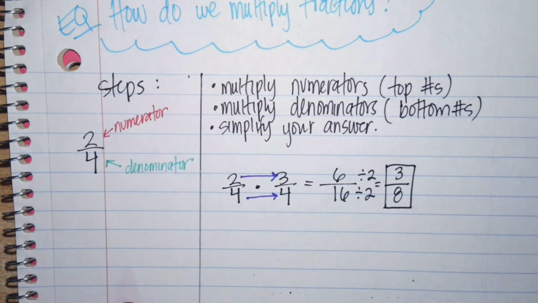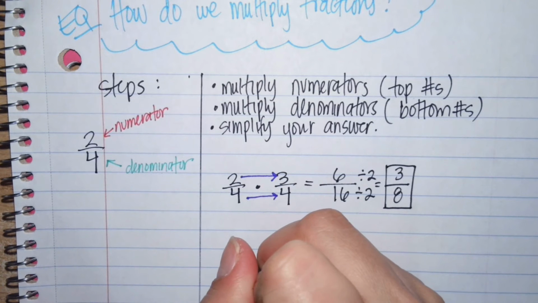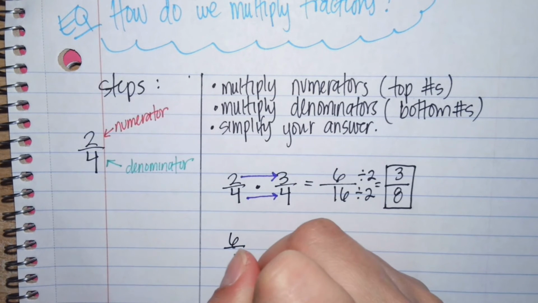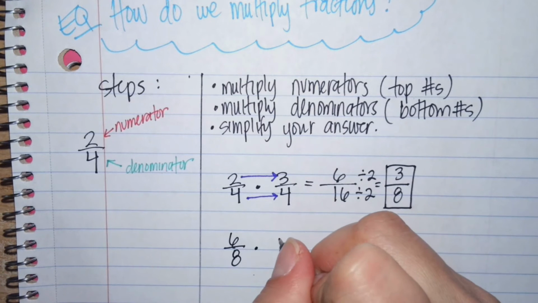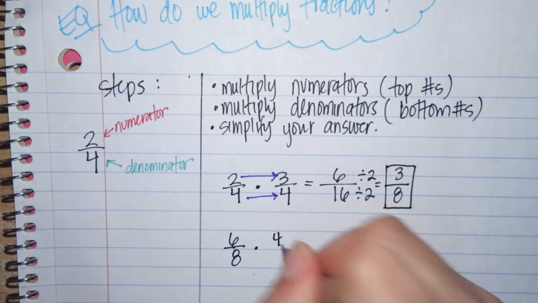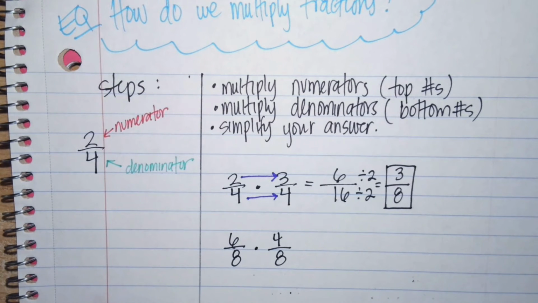Let's try a few more. Let's see how we do. Let's say you have 6/8 times 4/8. Same idea.